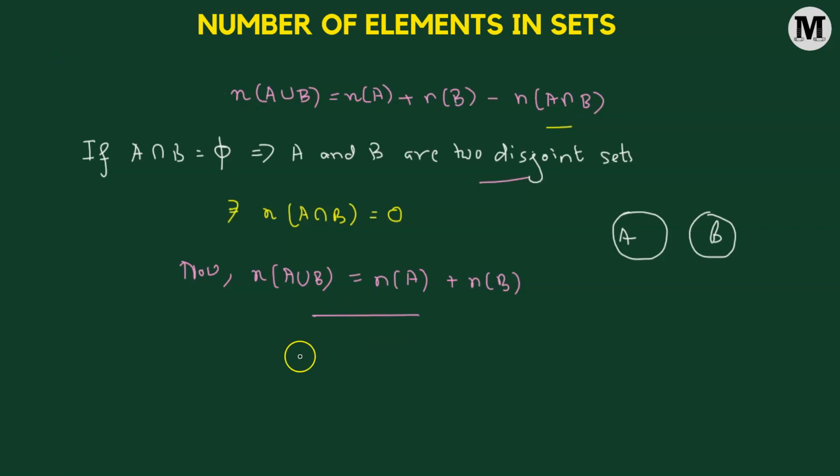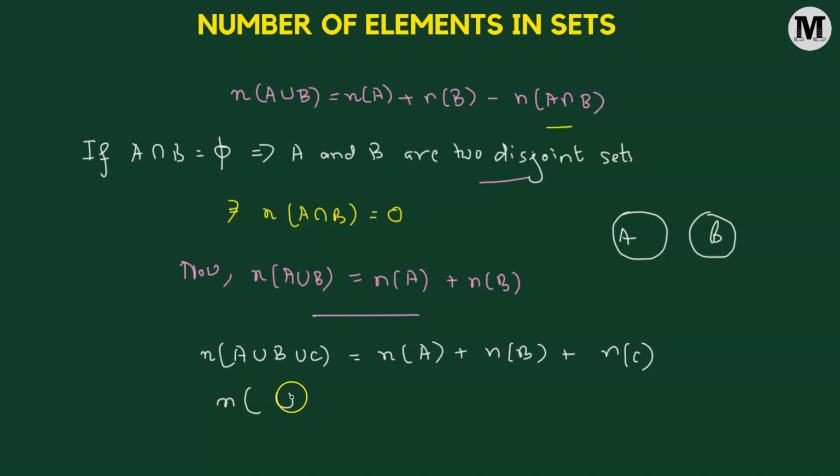Now we can extend this idea to 3 sets as well. So that means if we have 3 sets A, B and C and we take the union of these 3 sets, the total number of elements in A union B union C will be simply the sum of the elements in the individual sets. So we have N of A plus N of B plus N of C. Or we can generalize it.